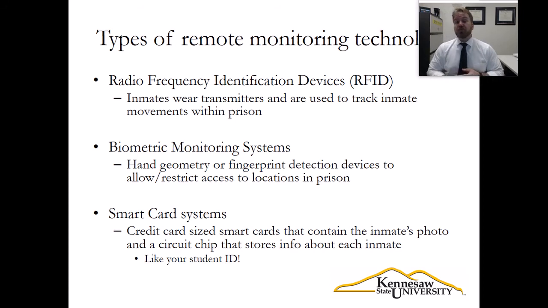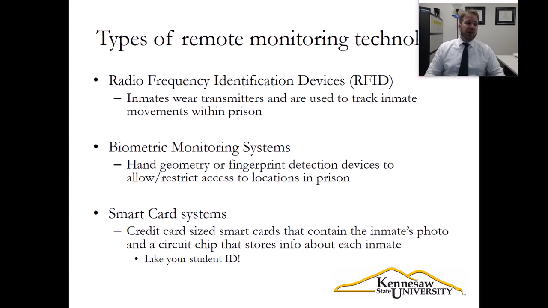Of course inmates are required to keep these bracelets on, and usually they're not supposed to be able to get them off, but inmates will find ways. It is actually an offense for them to take it off, and they'll get thrown in the SHU or the hole, whatever you want to call it, for taking these things off.